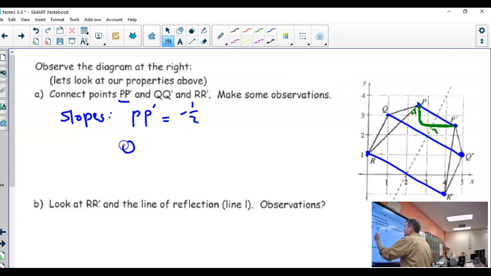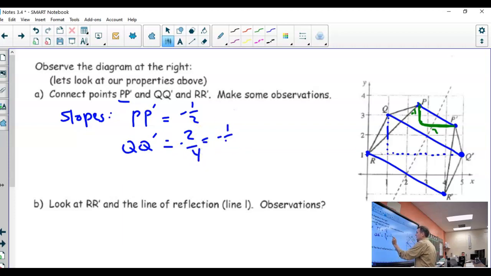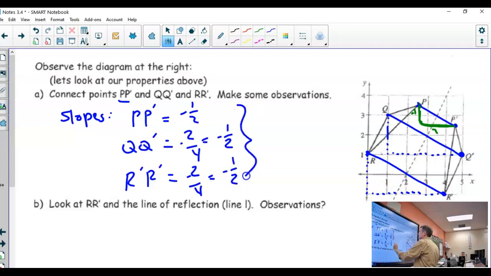The slope of Q prime, that would be down 2 and over 4, which also reduces to negative 1/2. And the slope of R prime, that would also be down 2 and over 4, which also reduces to negative 1/2.